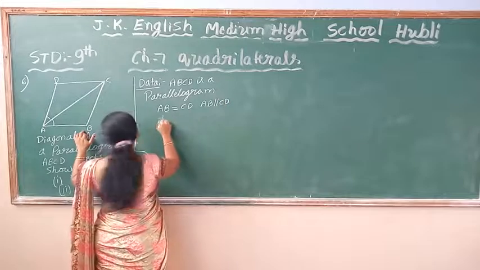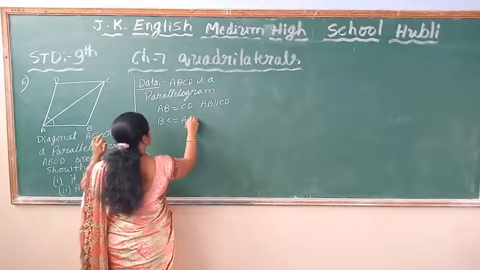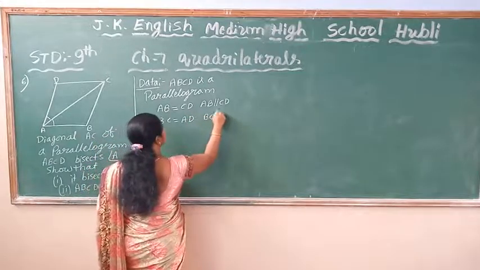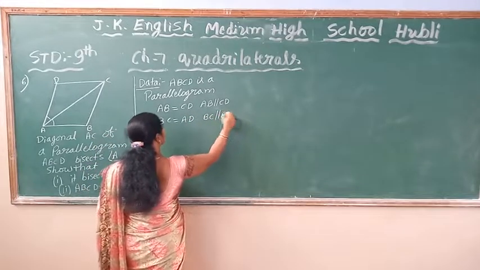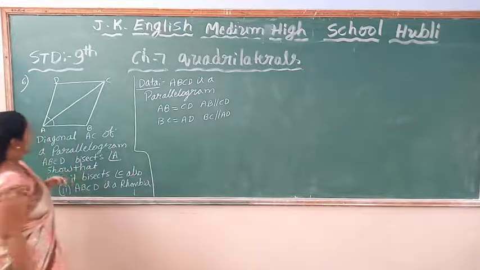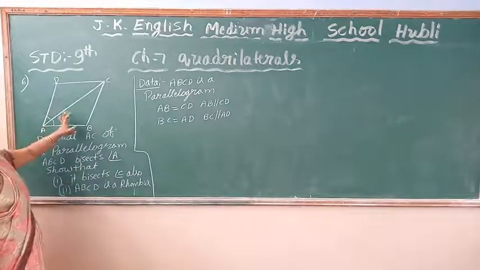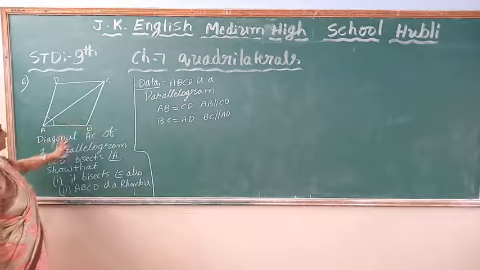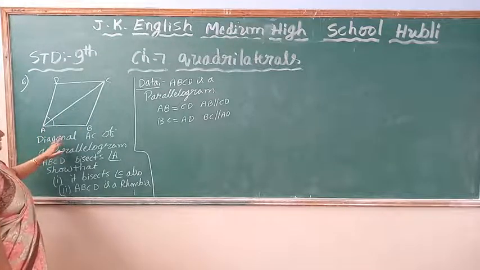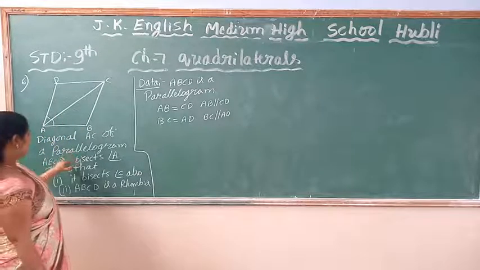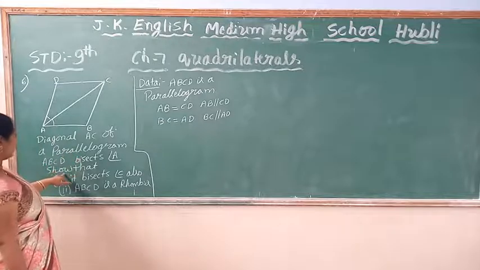We know this. In a parallelogram, opposite sides are equal and parallel. Then here, diagonal AC of a parallelogram ABCD bisects angle A.